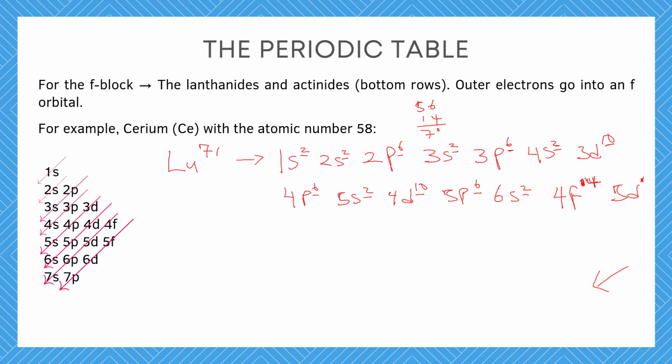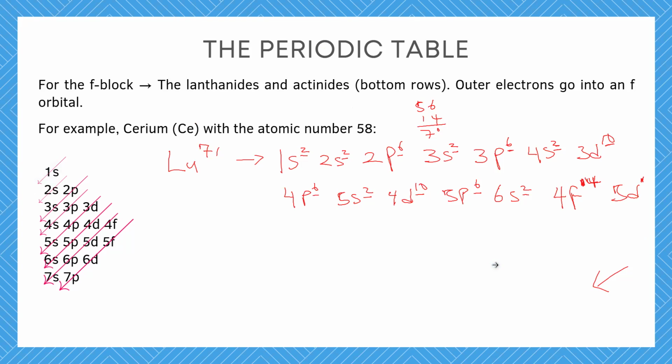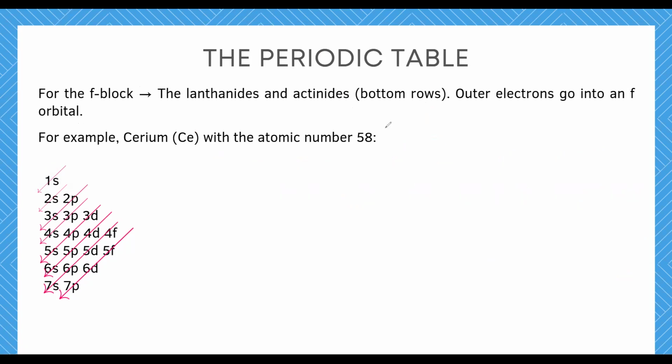Nadia, I asked you to get me the configuration for cerium. Are you ready with them? Yes, sir. All right, go ahead. Did you end with the F block? Yes, sir. All right, give it to me. Okay. So it has 58 electrons.